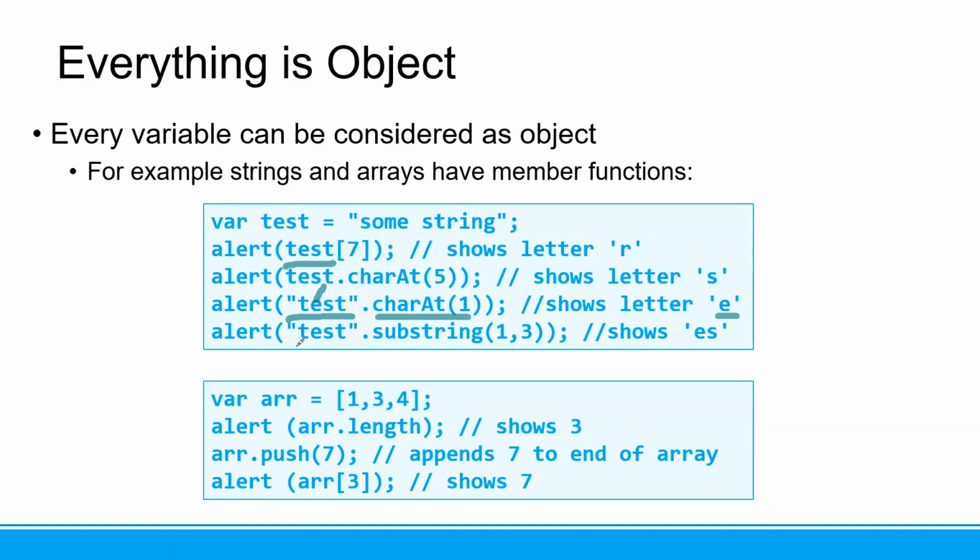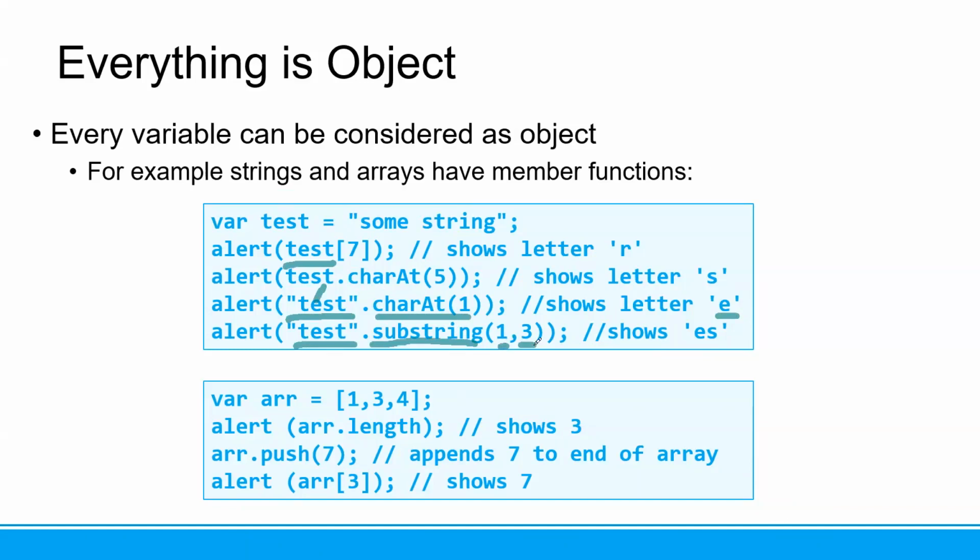And there is another method, we call it substring. So in the substring, among the long string, I want to just get the index 1 until 3.